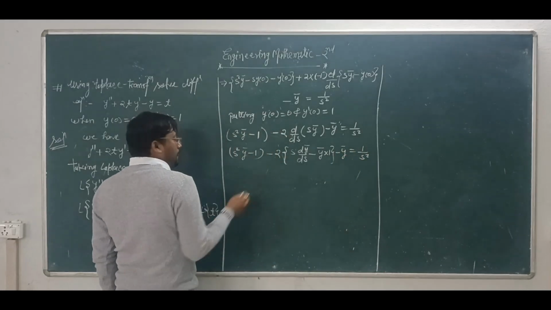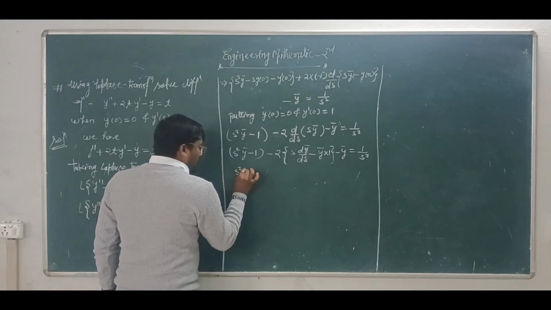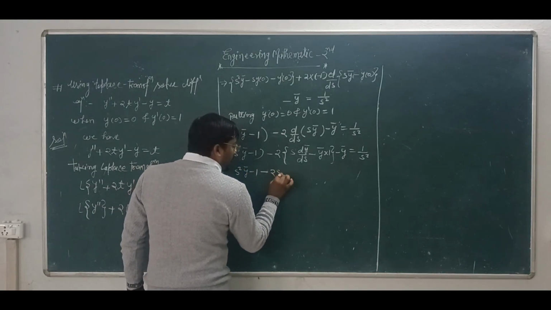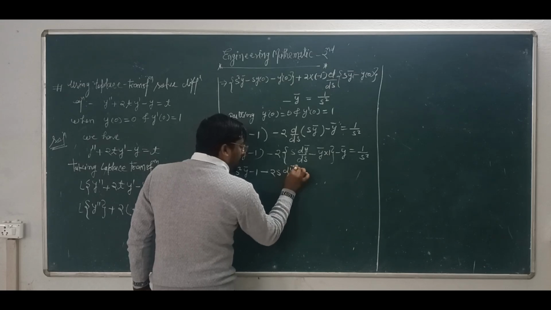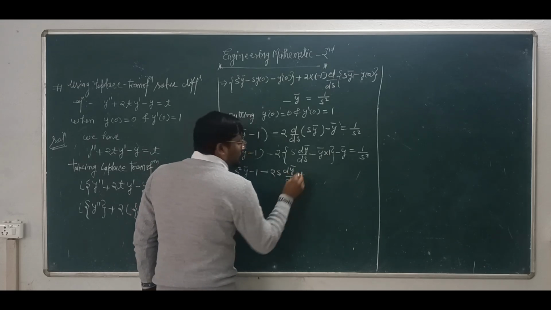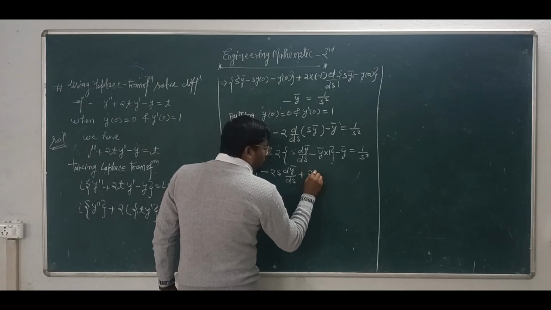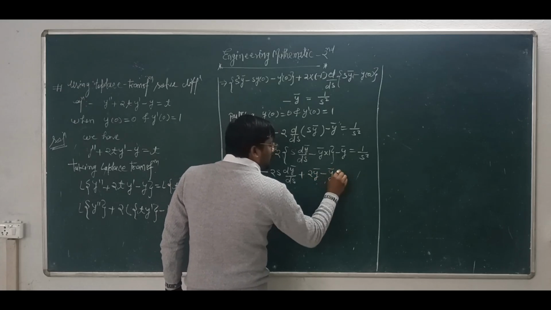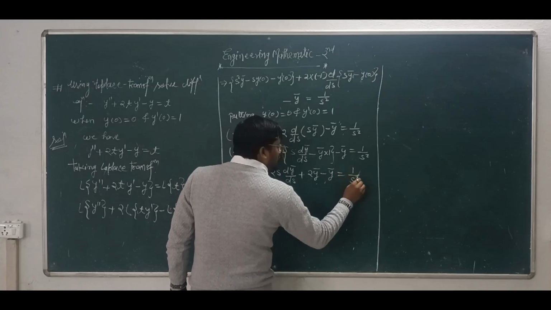Now again, s square y bar minus 1 minus 2s dy bar upon ds plus 2y bar minus y bar is equal to 1 upon s square.